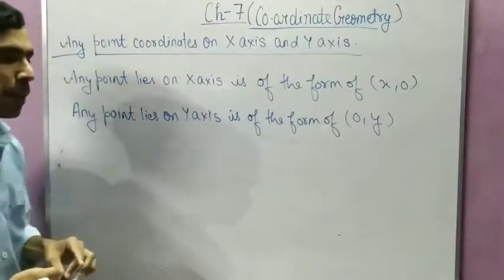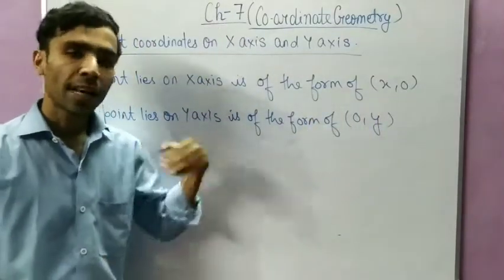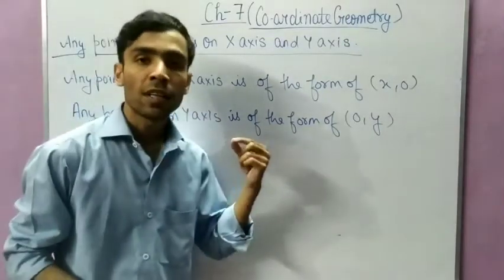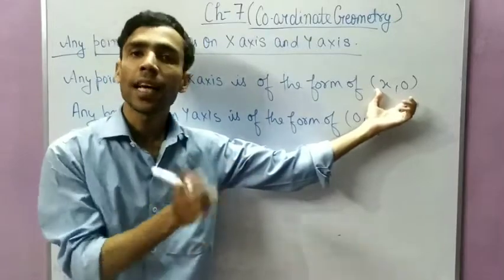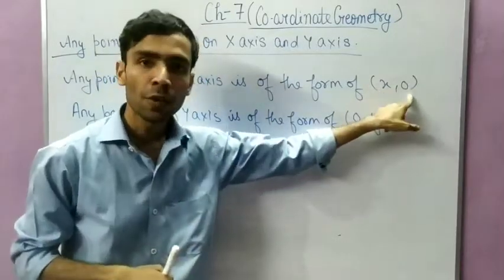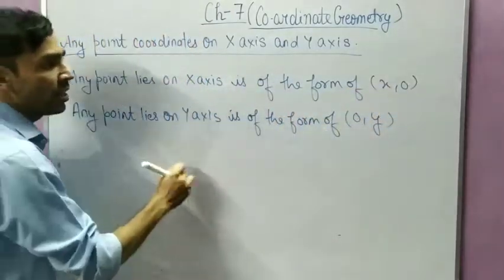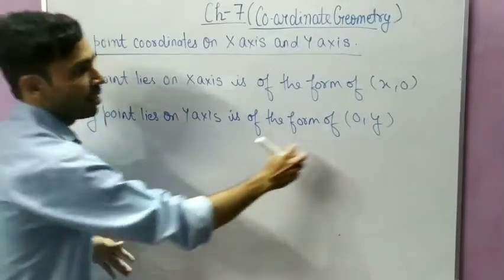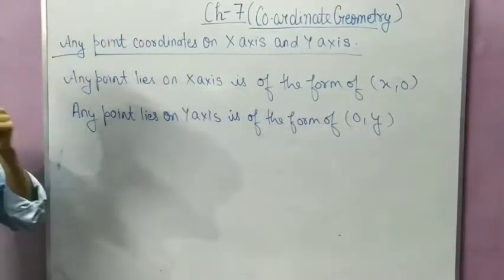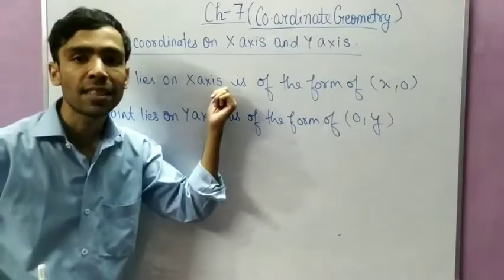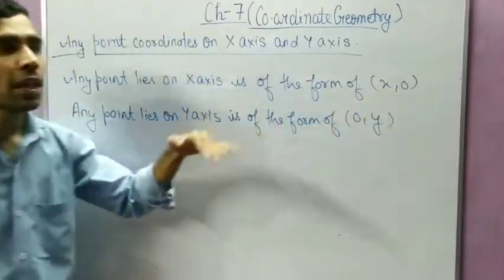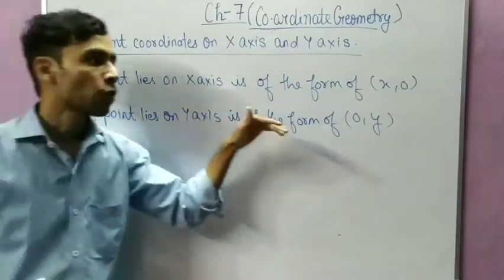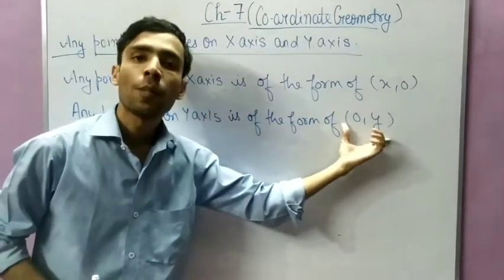It means whenever a point lies on the x-axis, its y will be 0, and whenever a point lies on the y-axis, its x will be 0. So whenever a point lies on the x-axis, its coordinate will be of x comma 0 type, and whenever a point lies on the y-axis, its coordinate will be like 0 comma y.